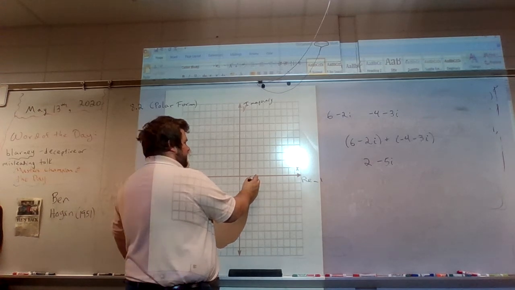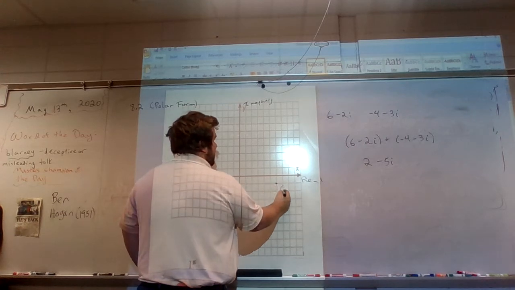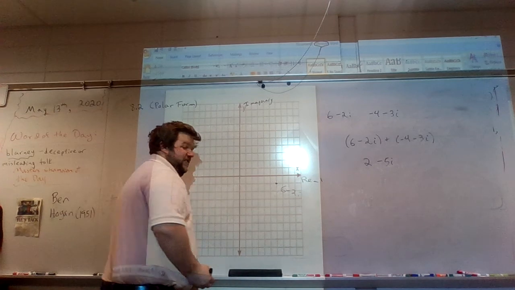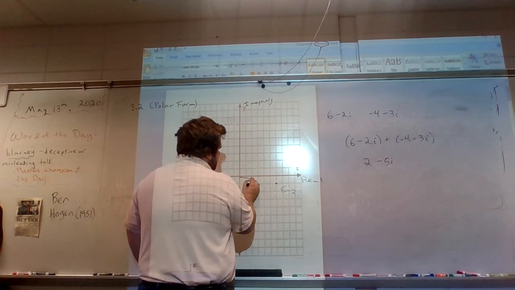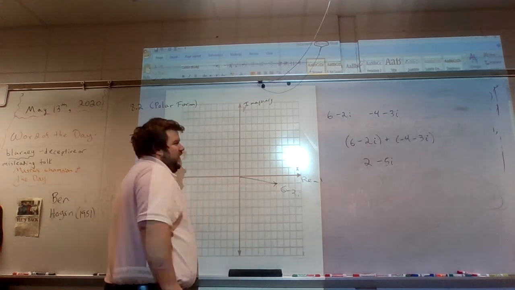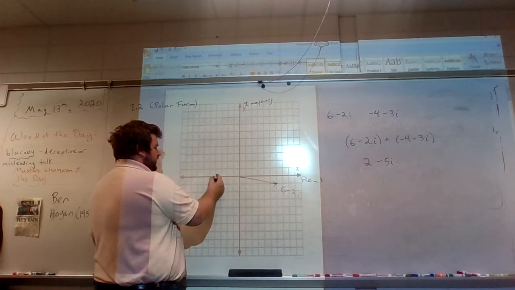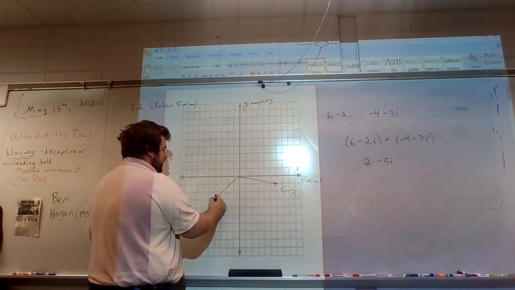So 6 minus 2i. Before, you may have just plotted the complex number in the plane like that. I'm actually going to think of that as a vector. And I'm going to think of -4 minus 3i, instead of a point, as a vector as well.